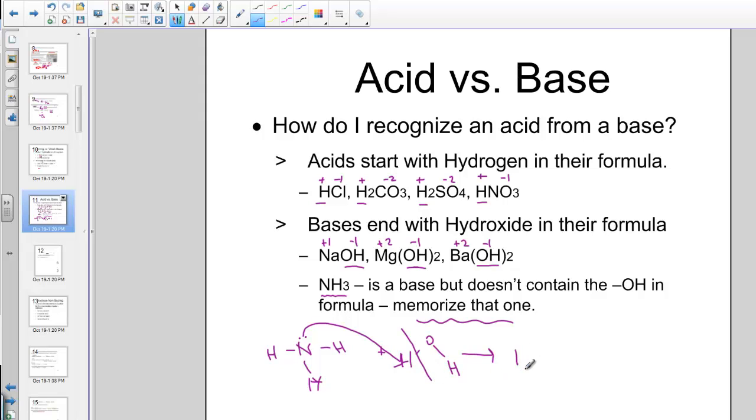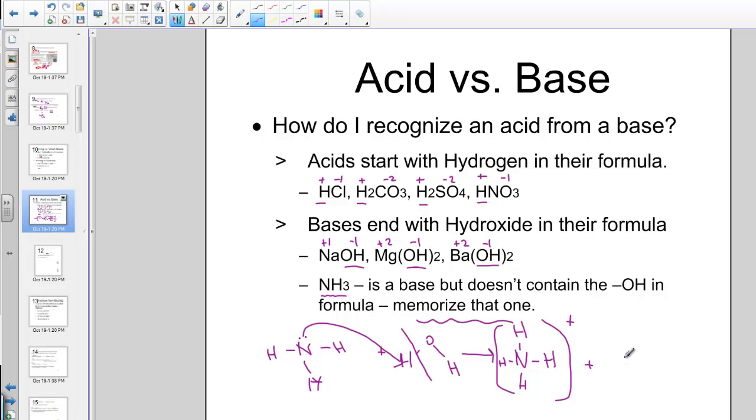So you end up producing ammonium, NH4 plus 1, an extra proton cleaved right off of that water molecule, snatched it right away. So here is the ammonium, which I'll put in a bracket so you can see it's an ion now carrying a +1 charge.